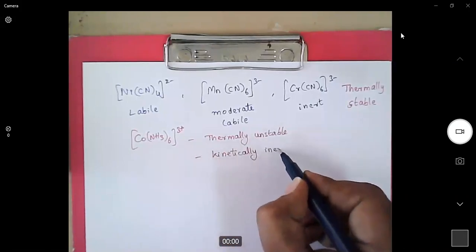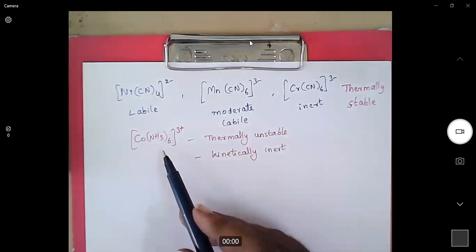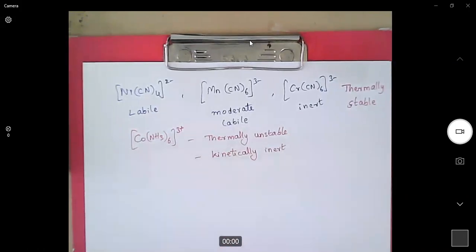That means if we want to do a chemical reaction on this complex, it will not be involved in any chemical reaction. But when we supply heat energy, it is unstable. So this is how kinetic stability and thermal stability are different.